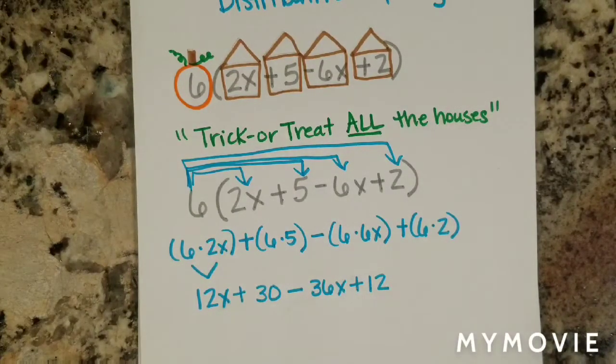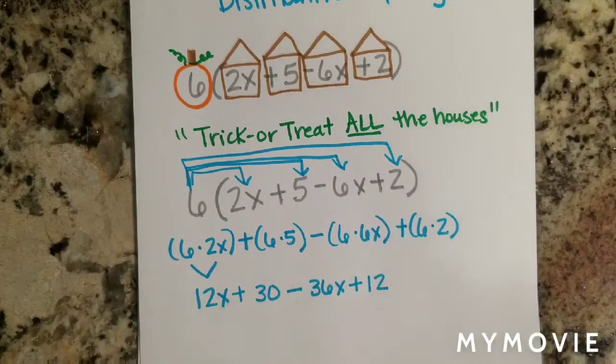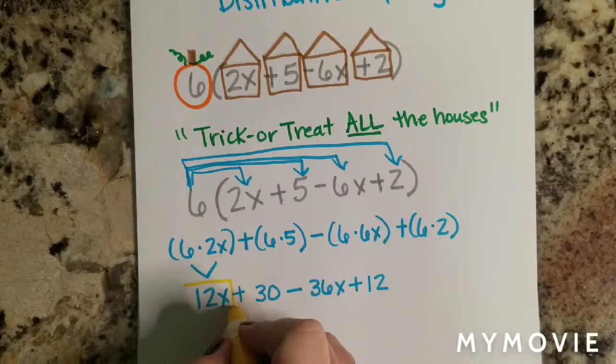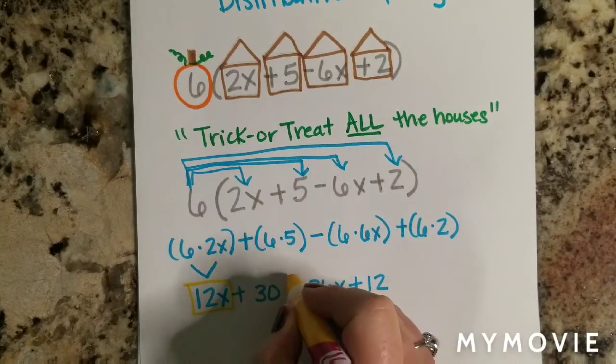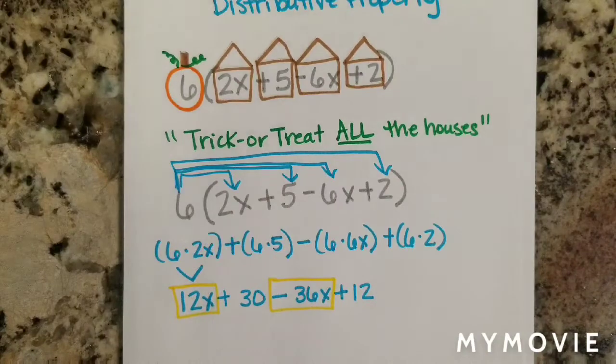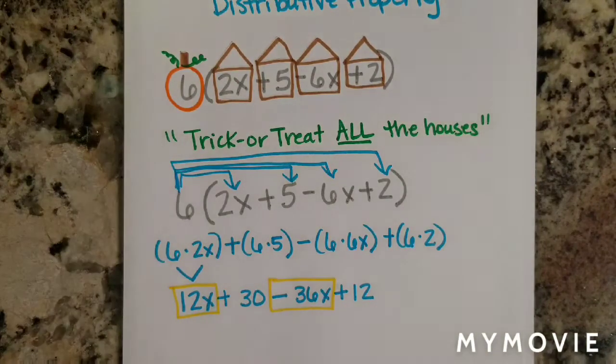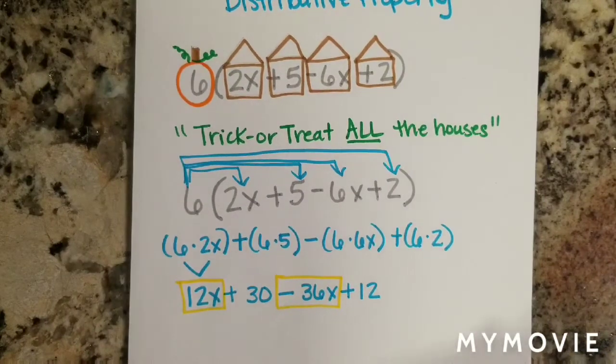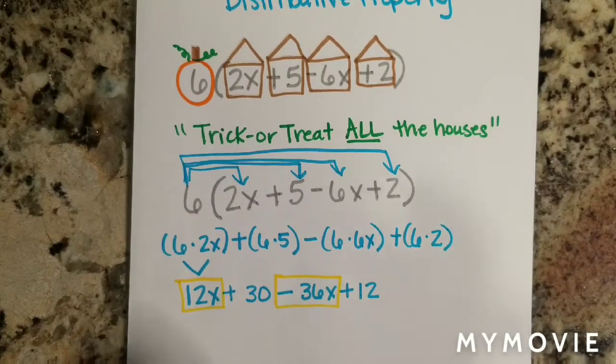So, I'm going to see, do I have any more x's? I do. I have positive 12x and I have negative 36x. So I can add those together. So I would have, I'm just helping you visualize this, positive 12x plus negative 36x.